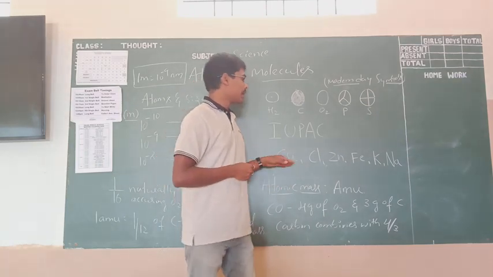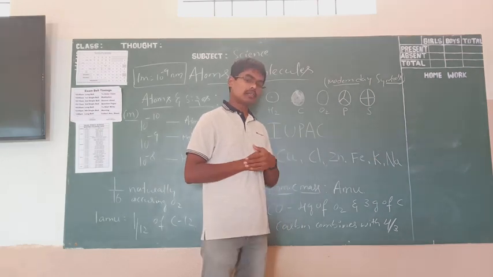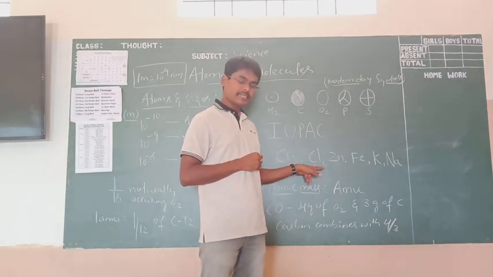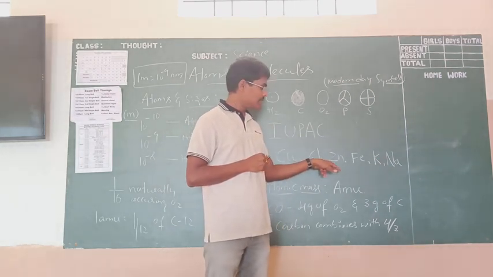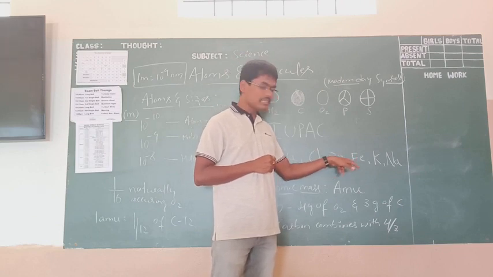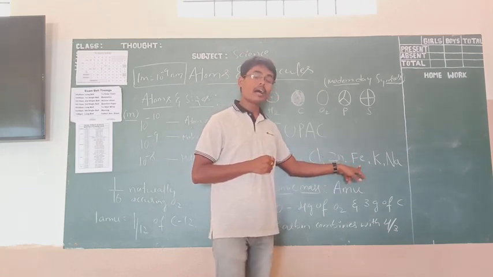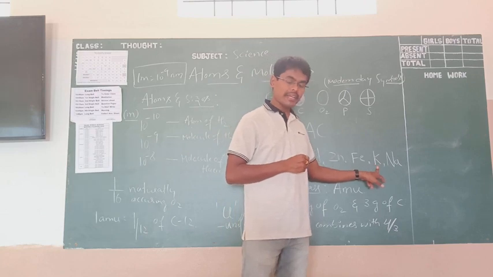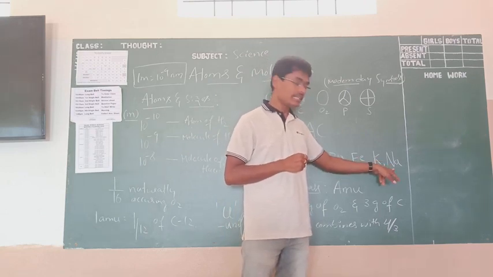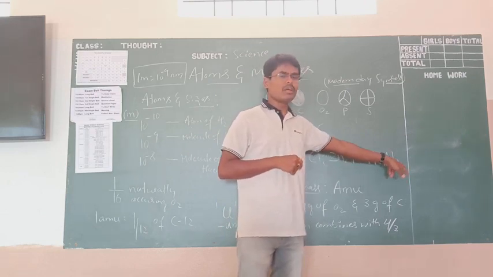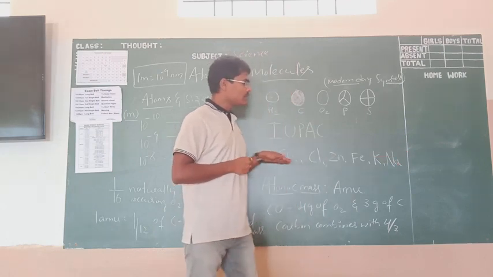Then again I have written some symbols here. This is Cl, chlorine, and this Zn, zinc, and this Fe indicates iron, and this K indicates potassium, and this Na indicates sodium. Now just look at these symbols.